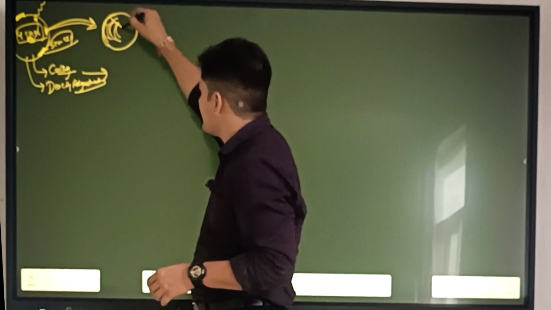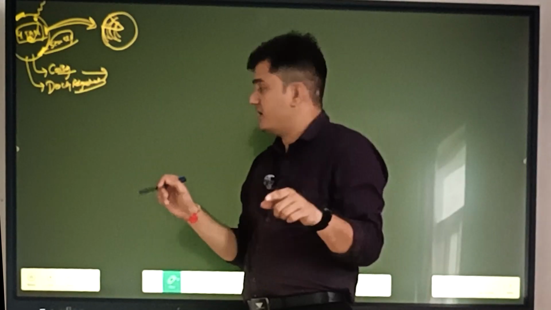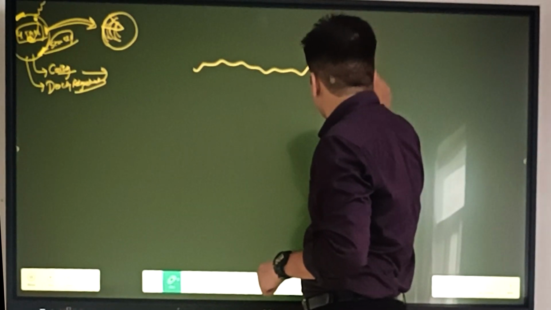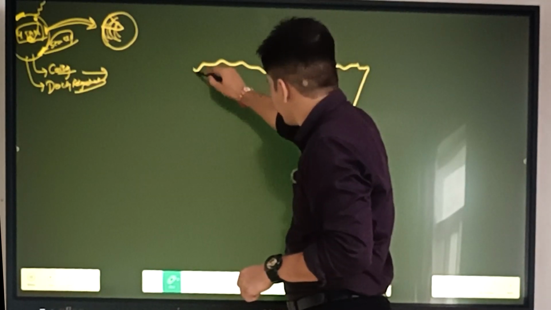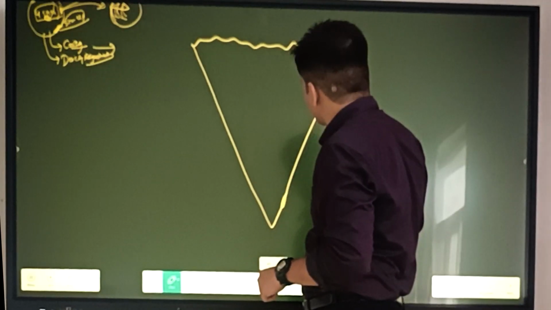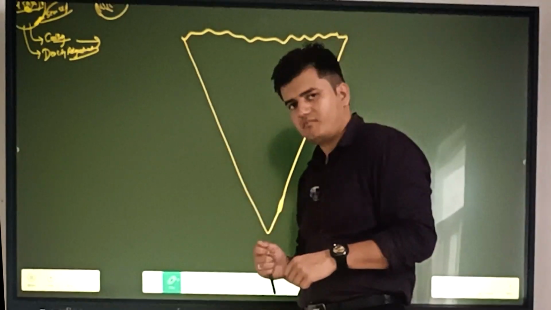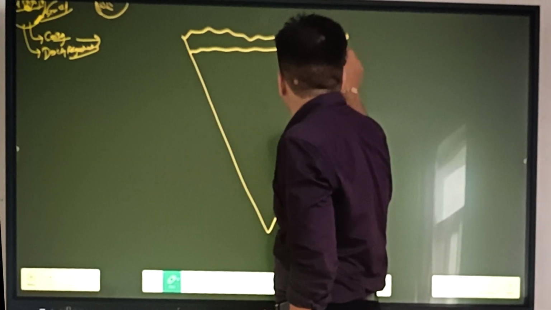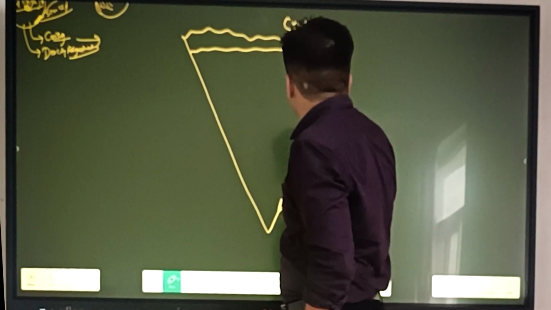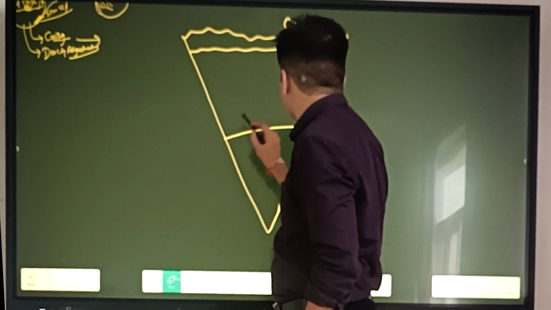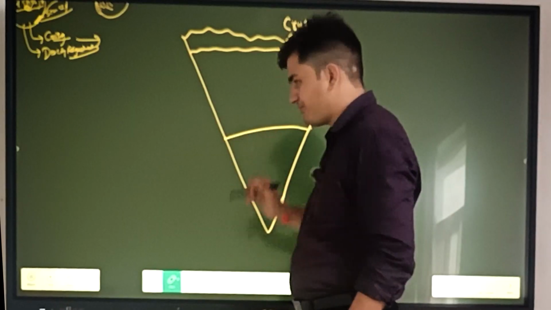Suppose we cut down a slice of the earth, what will happen? This is the outermost layer of the earth, and if we replicate a slice of the earth, it will look like this. The outermost layer of the earth is called the crust, the lower level just below the crust is the mantle, and then comes the core.